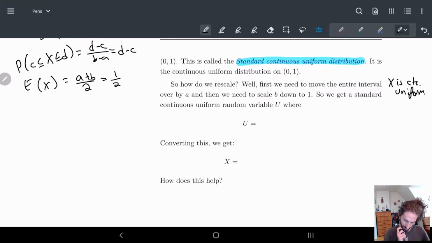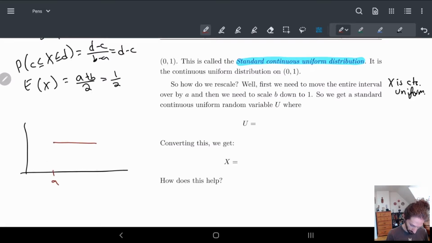And basically what we're going to do is take a and b. So here we have x is defined on a and b. So the first thing we need to do is move a down to 0, sorry, and then b needs to move to 1.